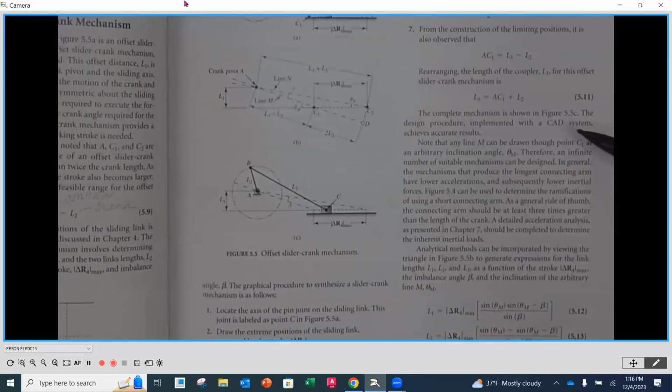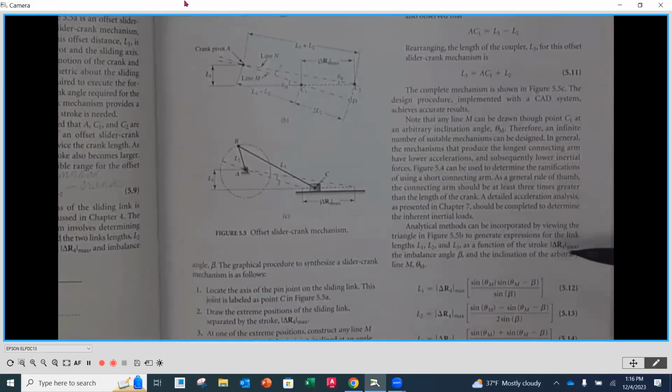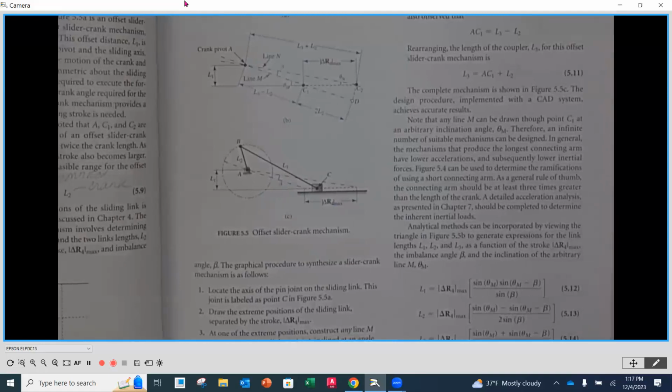I think it's somewhere in like a paragraph. I apologize. But I know it's 3 times to minimize the resulting acceleration. So I'm not finding it right now.